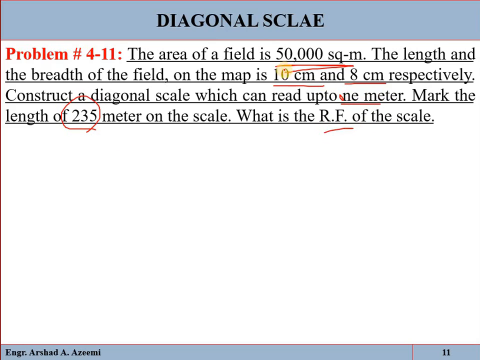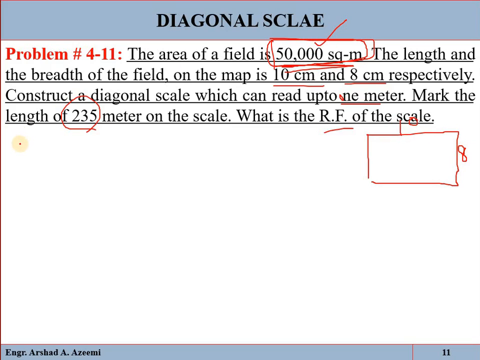Now see, the real area of the field is 50,000 square meter, and suppose you have drawn it 10 by 8 centimeter. This is the drawing dimension; in reality it is 50,000 square meter.